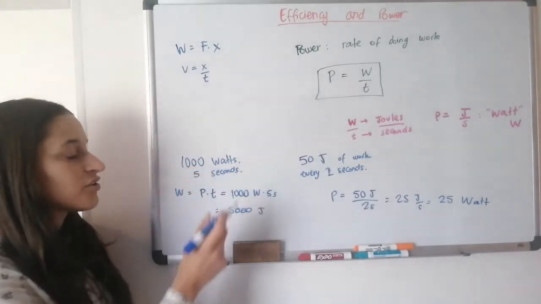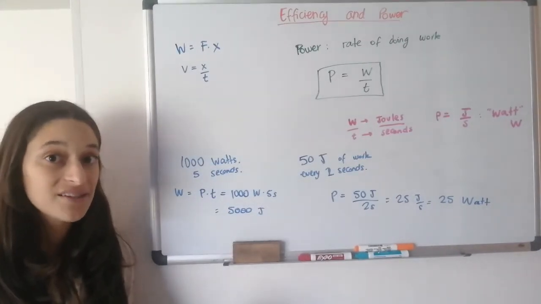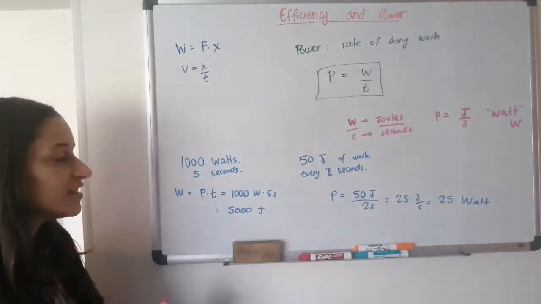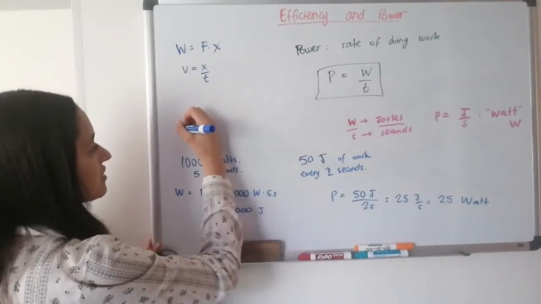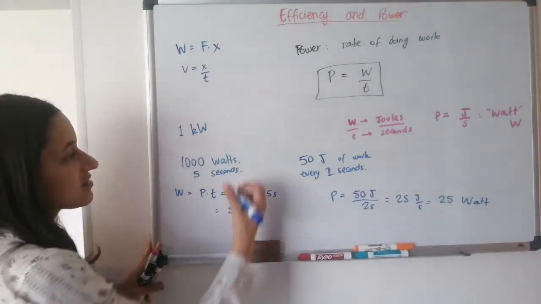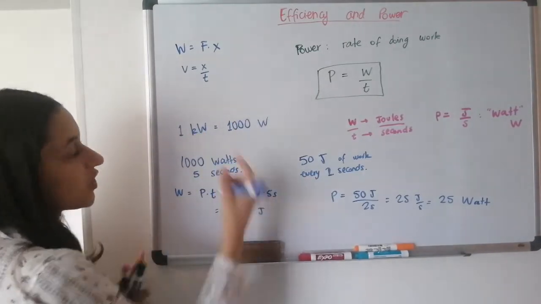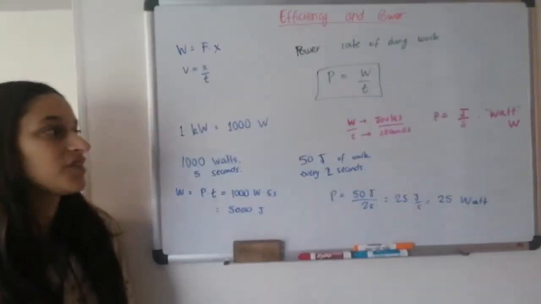And this unit also has another name. Maybe you've heard of watts and you've heard of kilowatts, kilovatios. A kilowatt just means 1,000 watts. So 1 kilowatt is equal to 1,000 watts, just like 1 kilogram is equal to 1,000 grams.